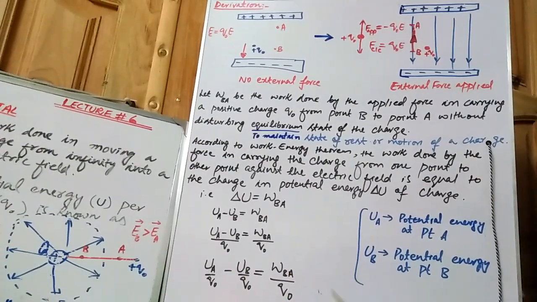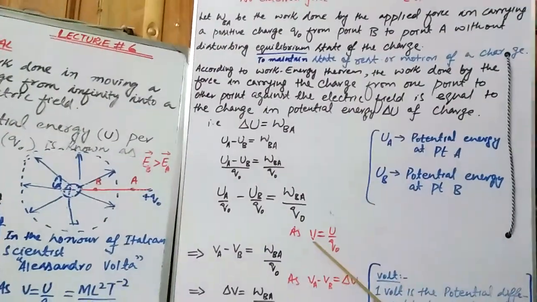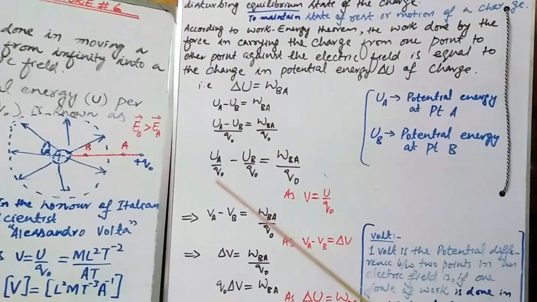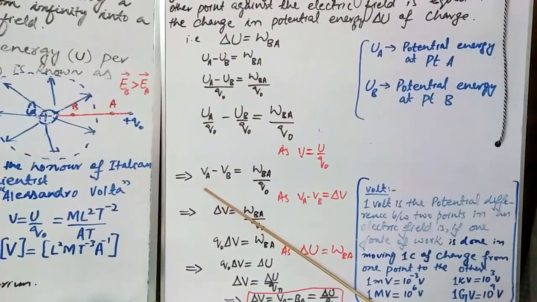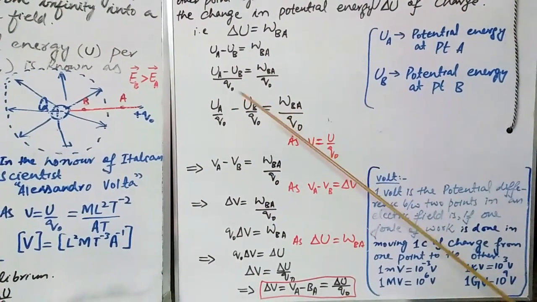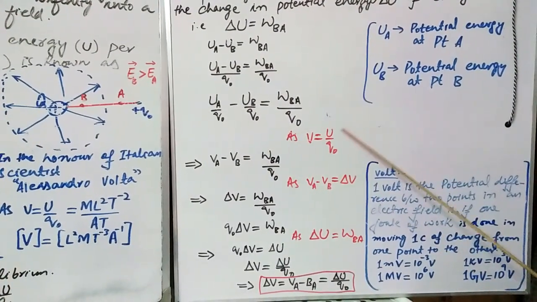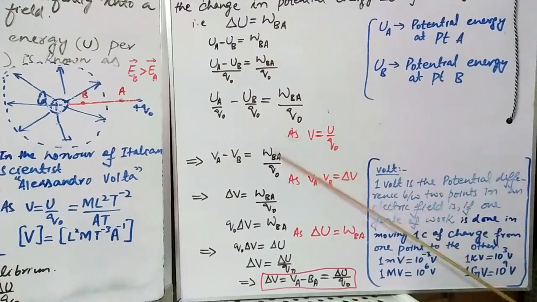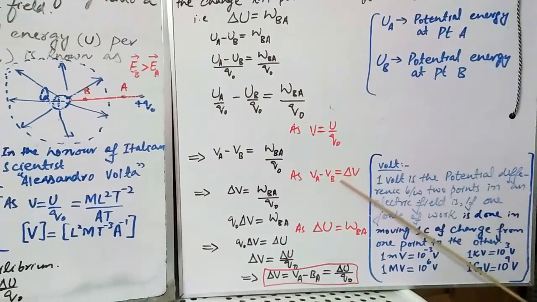As V equals U over Q naught by considering the electric potential mathematical form, we can write UA over Q naught equals VA and UB over Q naught equals VB, so VA minus VB equals W BA over Q naught.